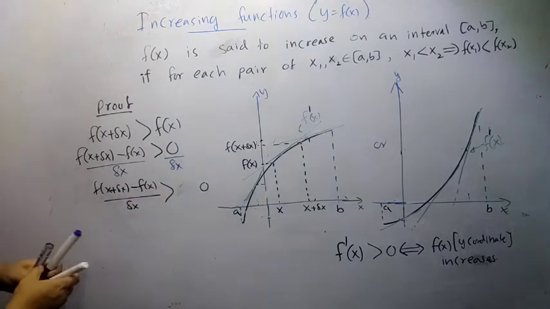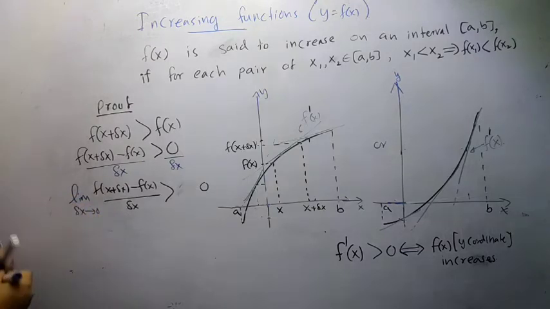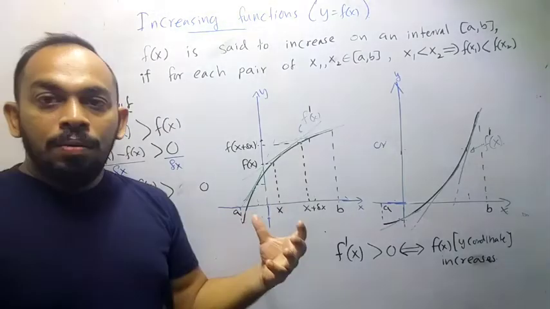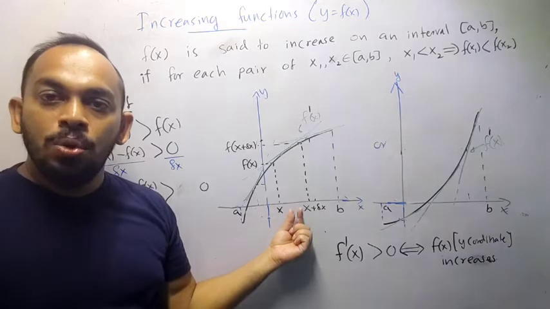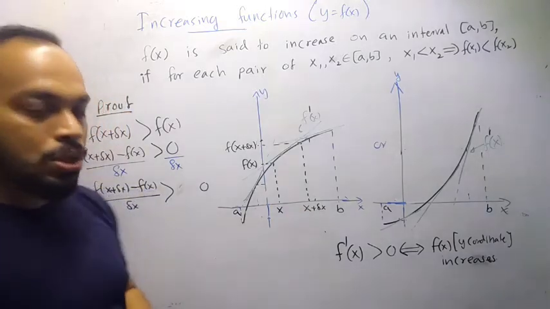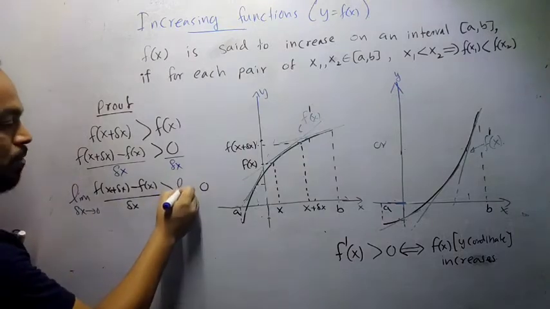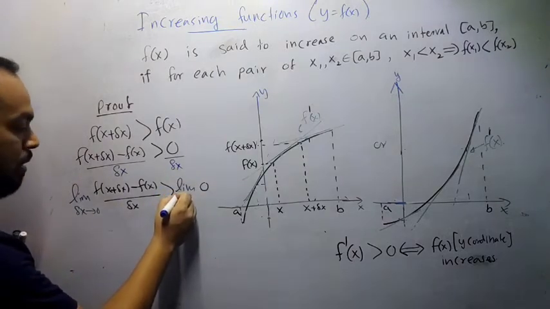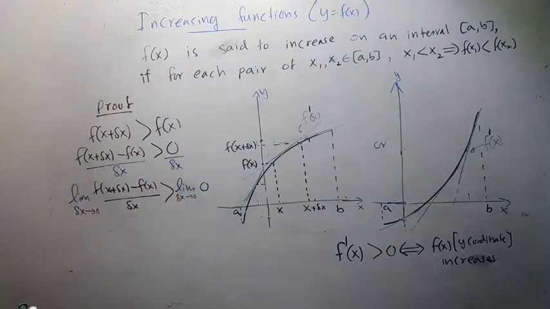Now I'm going to take the limit on both sides as delta x tends to 0, because to get a good idea we need to have these two points very close to each other. So that's why we are using limits here, and we should incorporate the limit on this side as well, even though we don't have any delta x terms there.